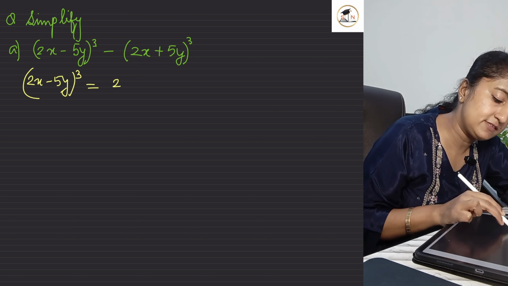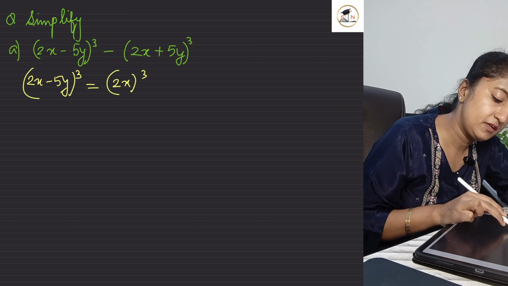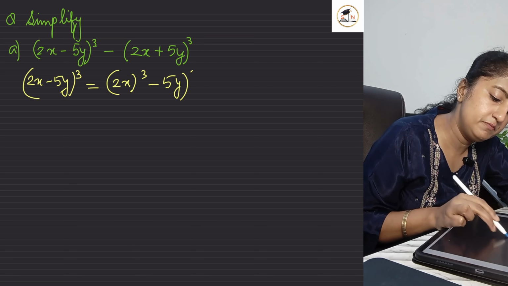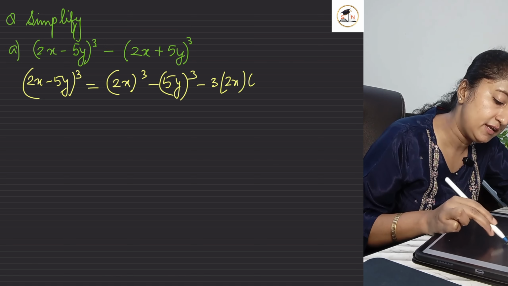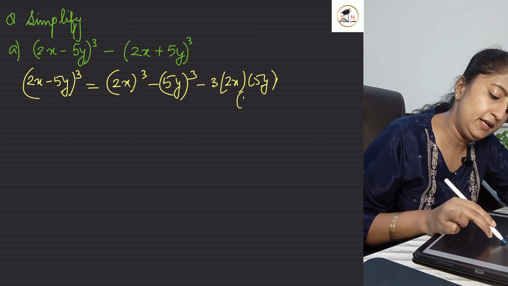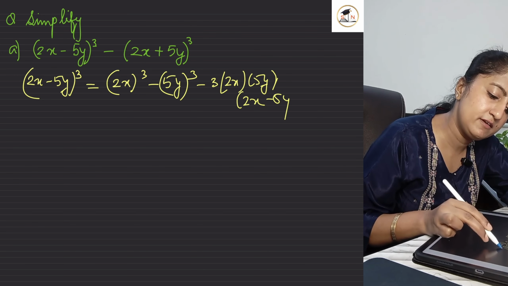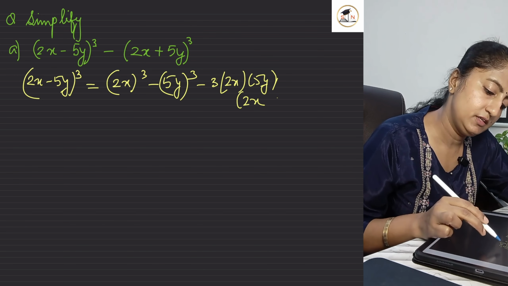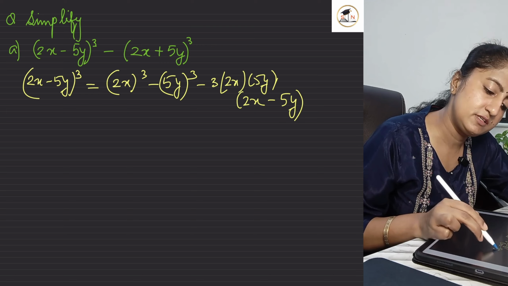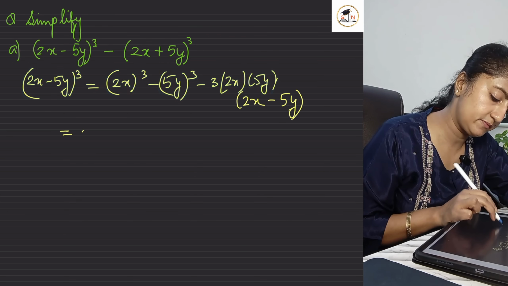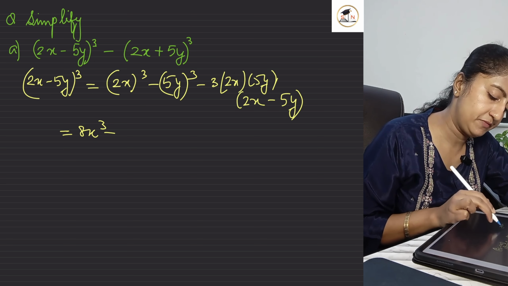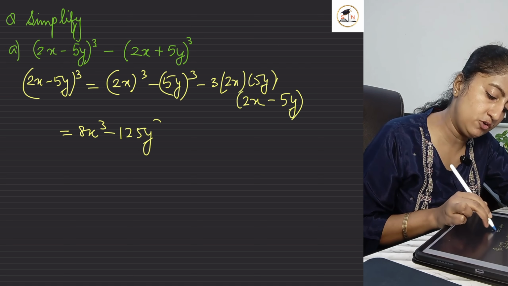So let's start. 2x minus 5y whole cube. It gives us 2x whole cube minus 5y whole cube minus 3 into 2x into 5y into 2x minus 5y. Sometimes in writing it flows, right? So we have 2x minus 5y. Now what does this give us? 8x cube minus 125y cube.